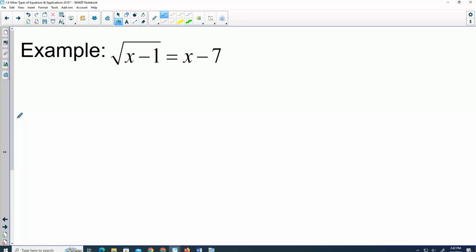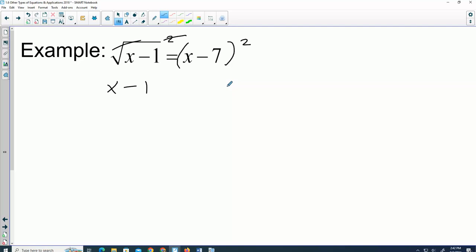How do you get rid of a square root? So, when you square, you have to be careful. Whatever you're doing to both sides of the equal sign. So when I square, I'm not squaring each term, I'm squaring this entire side. A square root and a square cancel, and that gives me an x minus 1.